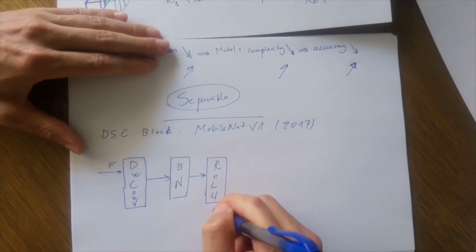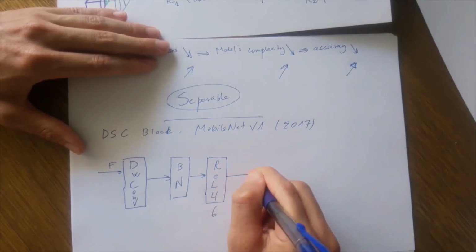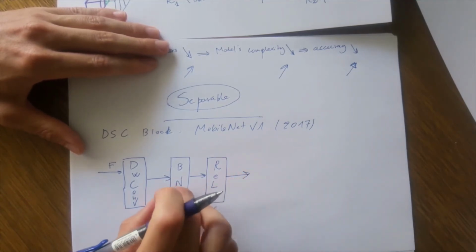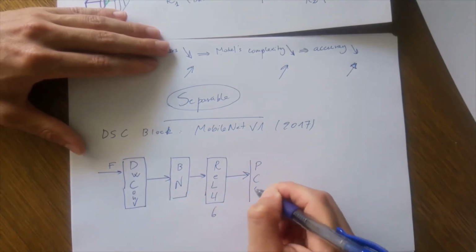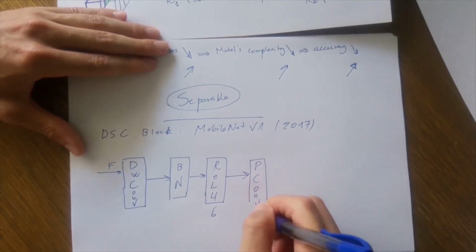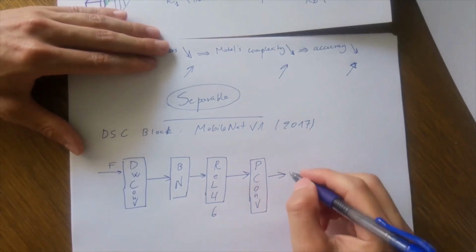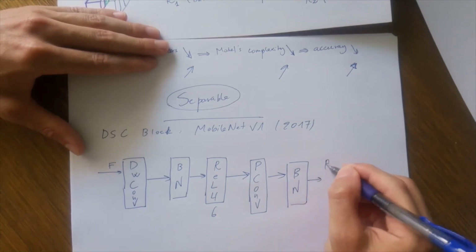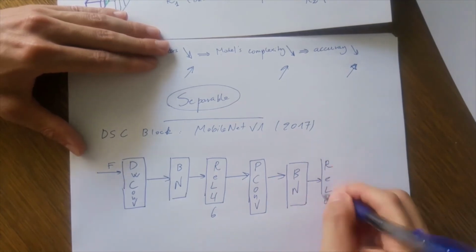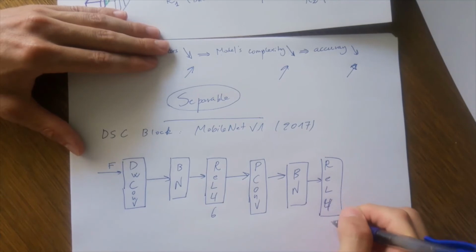I think it's ReLU 6. Then afterwards, after applying batch normalization and ReLU, they apply the pointwise convolution. And again, after the pointwise convolution, they apply batch normalization and then ReLU again, ReLU 6.